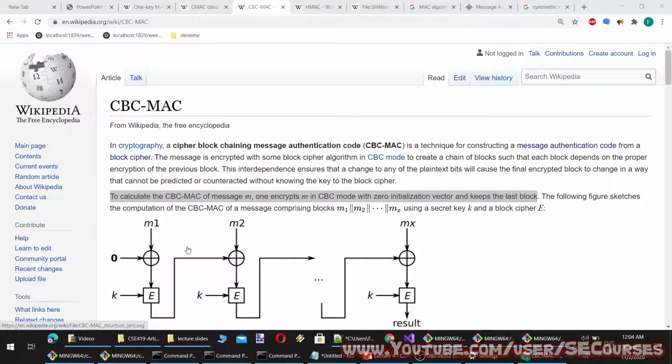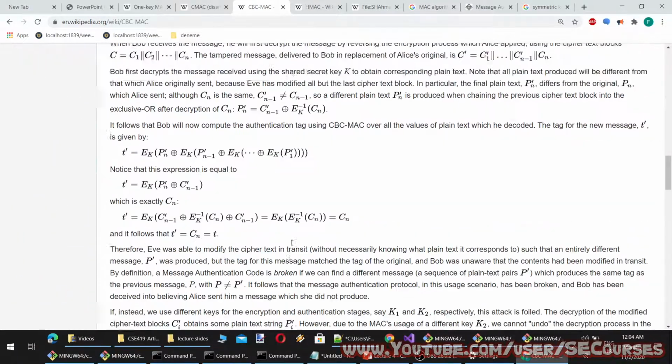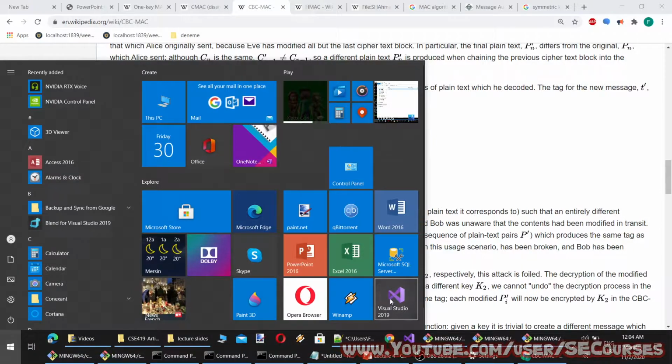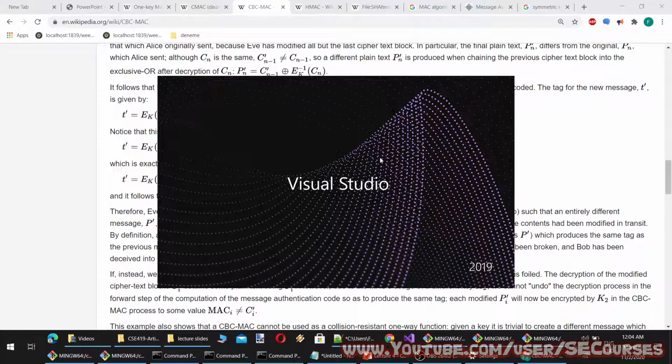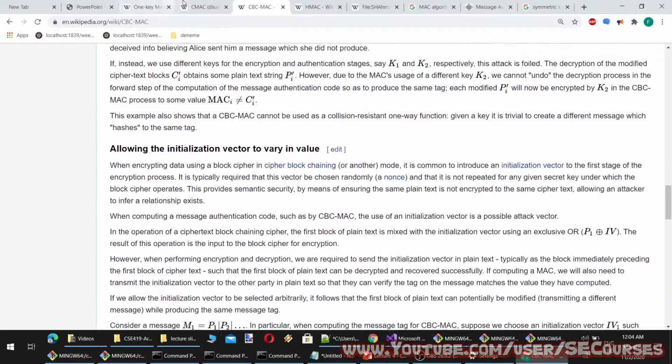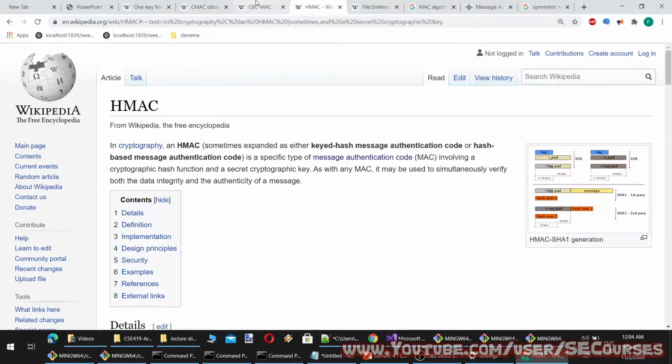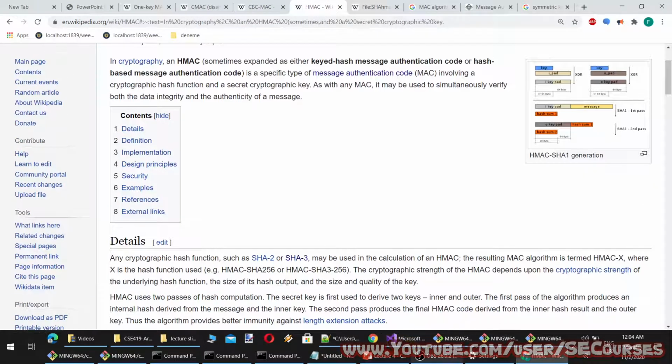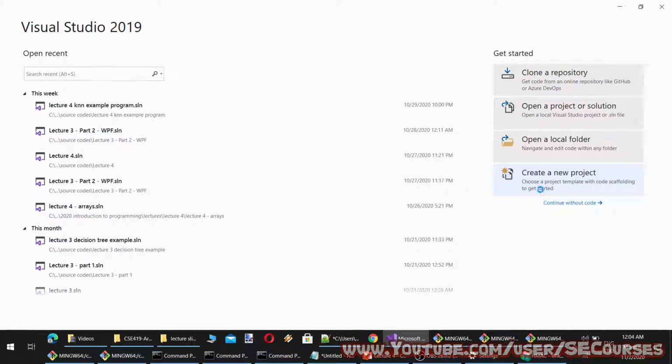I wonder if there is any library regarding these in C#. Let's compose a console application and try it. I'm going to test HMAC, which looks like the simplest one.